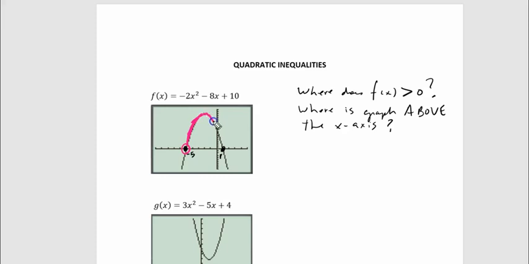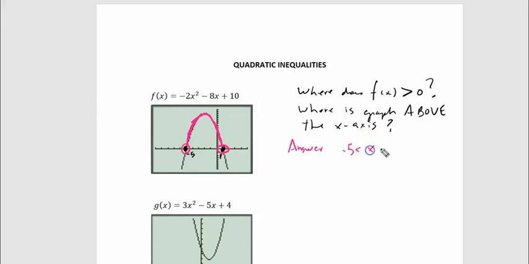So this part of the graph that I've drawn in red is strictly above the x-axis. Now describe, where does that happen? It happens when x is between -5 and +1.